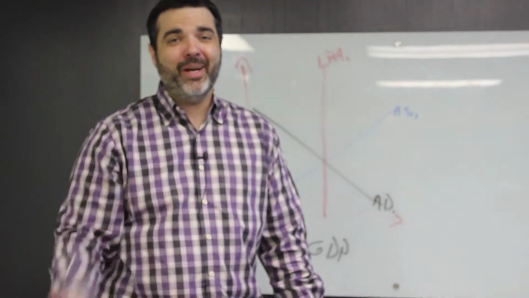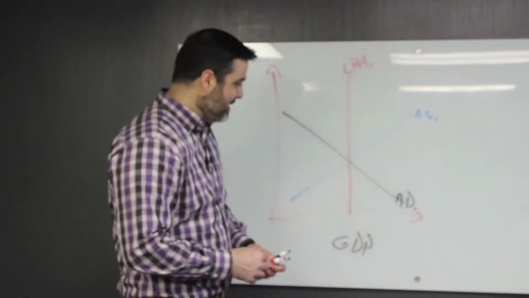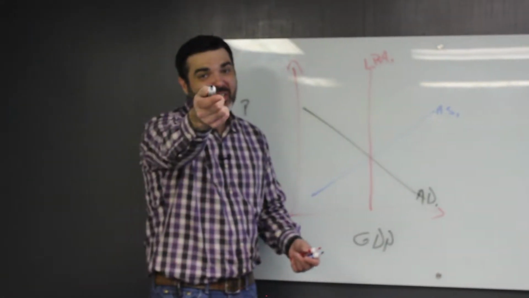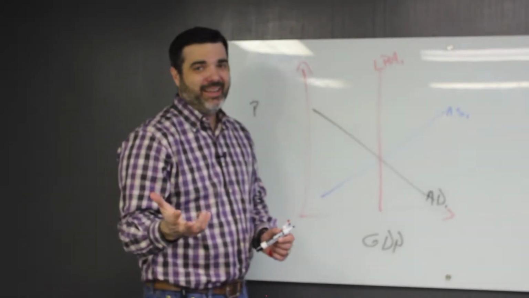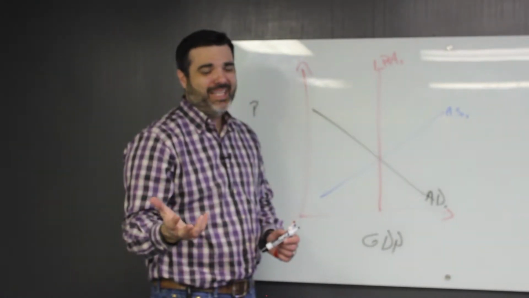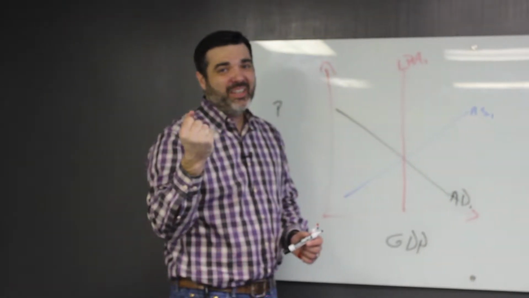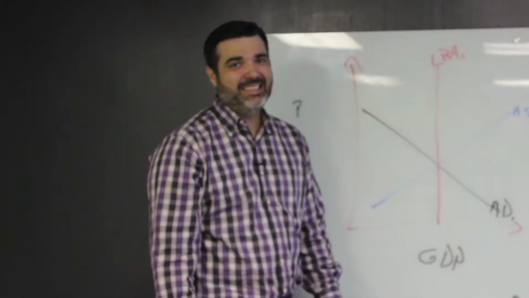Everything's working well. We're all just chipper and kind, and everybody is feeling really good about themselves. Aren't you feeling good about yourself right now? And then something happens. Something bad happens, but it feels good. Maybe something happens like a tax cut.